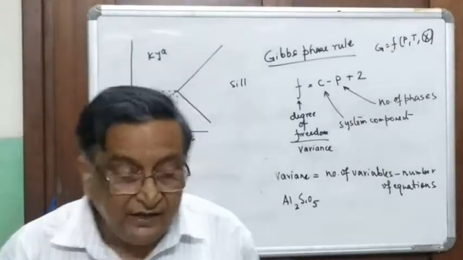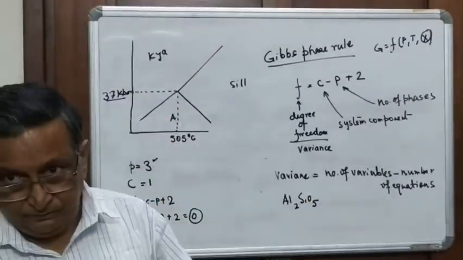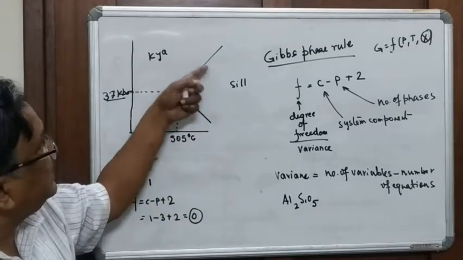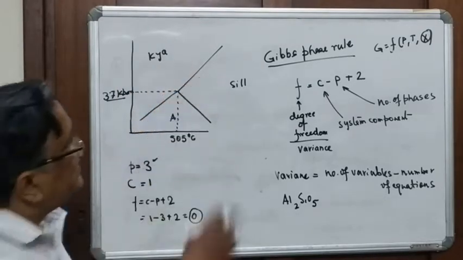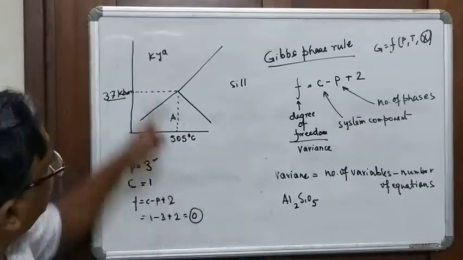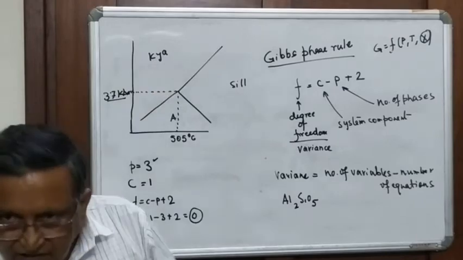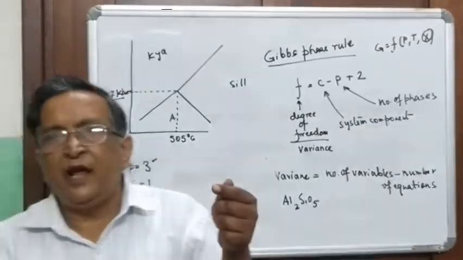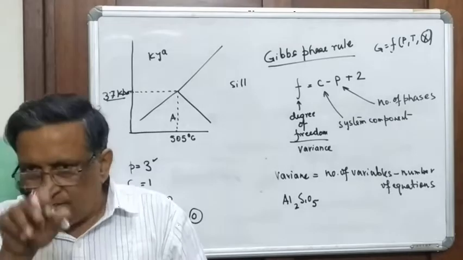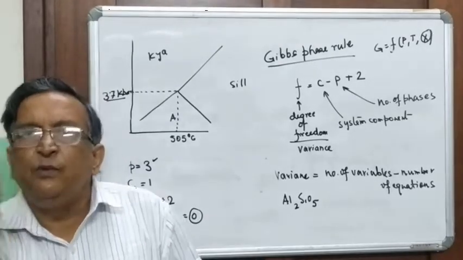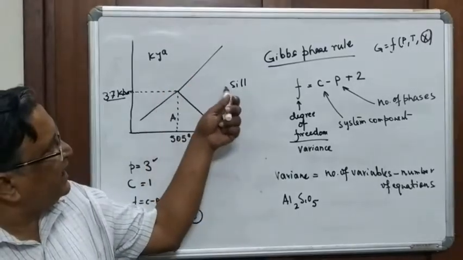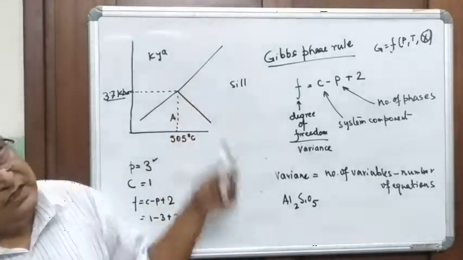So essentially when you write a reaction, say for example, kyanite is equal to sillimanite, since sillimanite has a free energy equation and kyanite has another free energy equation, and you write it kyanite is equal to sillimanite, then you will have a reaction where at equilibrium the free energy of kyanite is equal to the free energy of sillimanite.